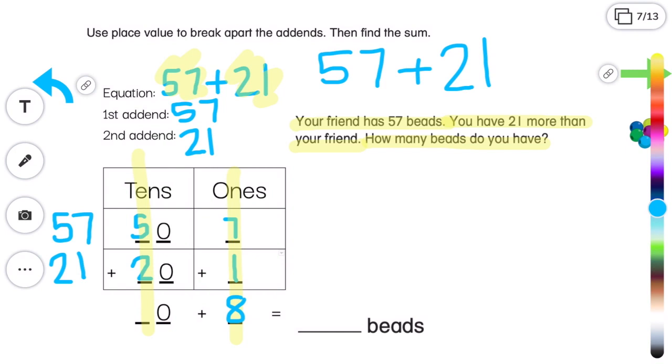When we add 5 and 2 together, we get 7. But since it's in the tens place, we know that it's not 7, it has a value of 70. So now we have 70 plus 8 equals 78. Now you do the rest, and don't forget to fill out the chart and do all the steps that I do.